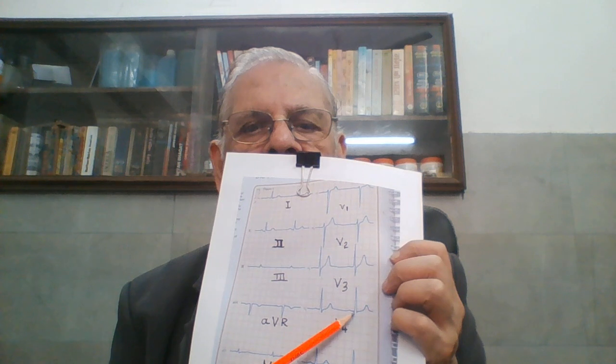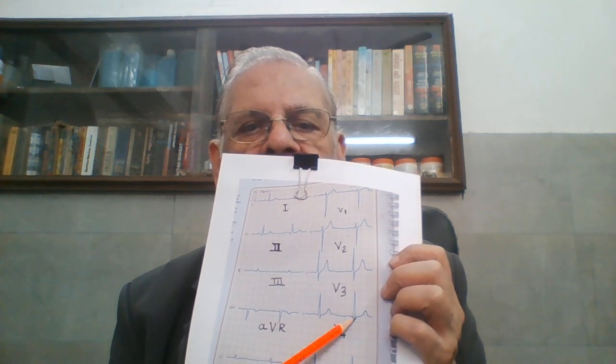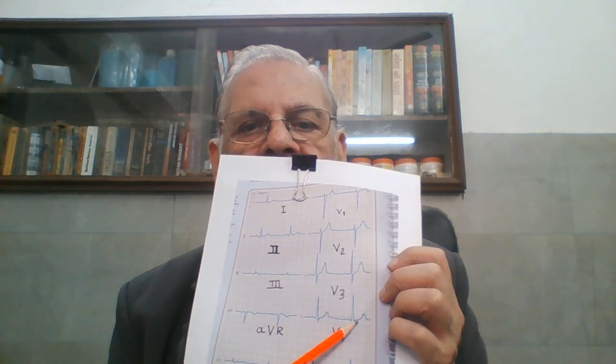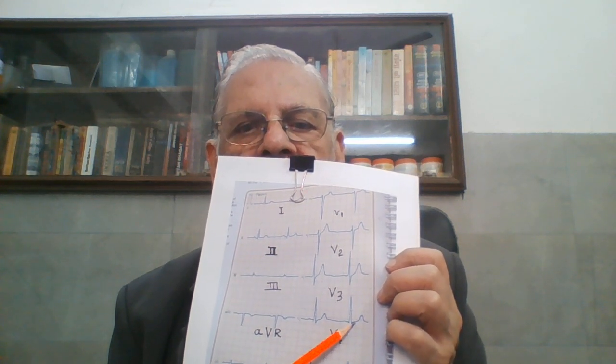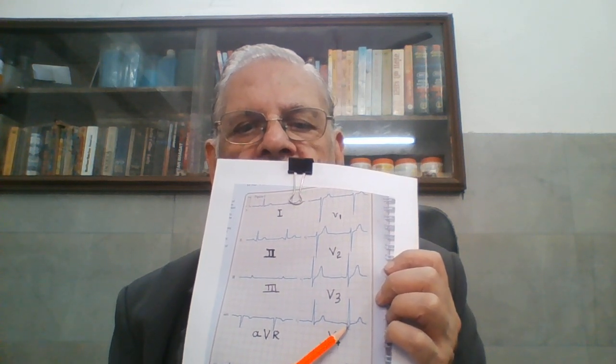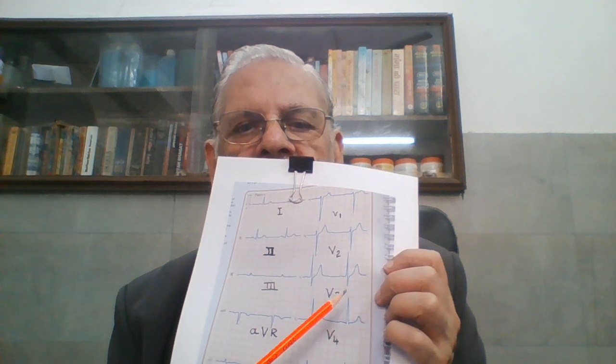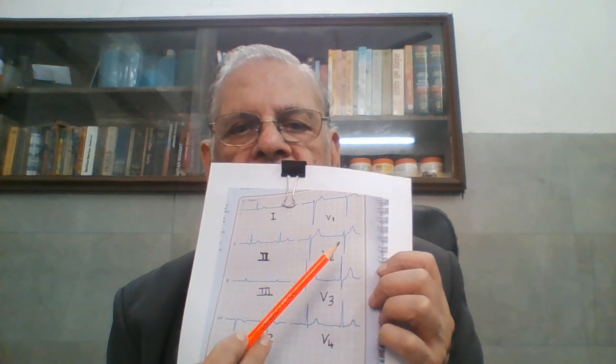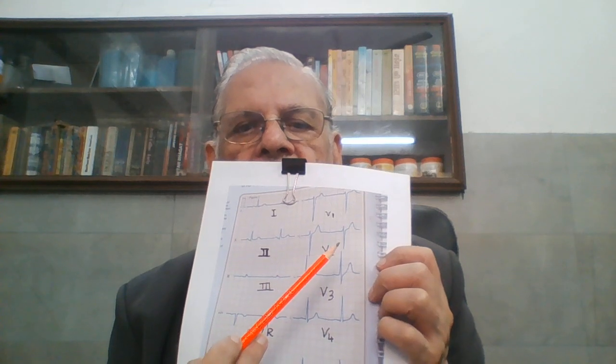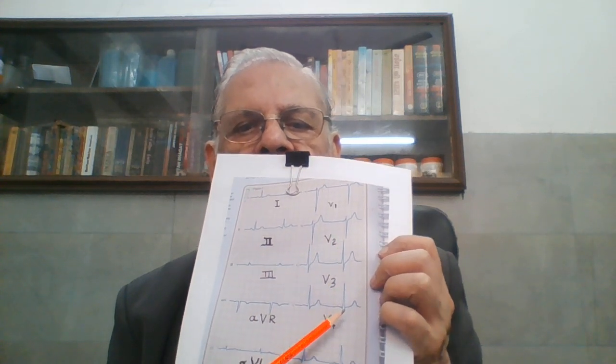Then we go to the lead V4. This will be in the fifth intercostal space in the mid-clavicular line. Fifth intercostal space, mid-clavicular line, that is the place where we place the lead V4. And lead V3 comes midway between the leads V2 and V4.